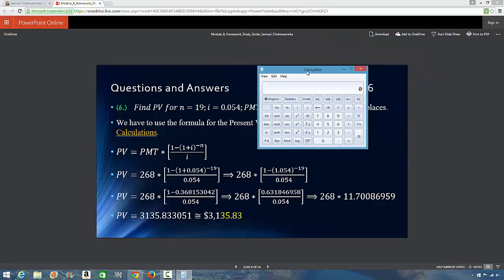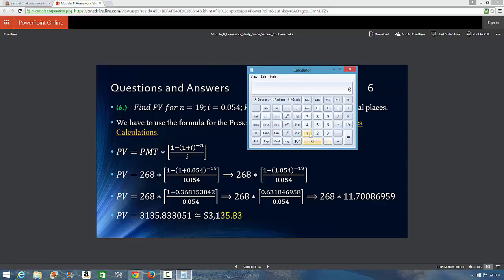Okay? Then you do 1 plus 0.054 equal to. Each one you do equal to. Then x exponent y, do that, negative 19. Don't do minus first, then 19.